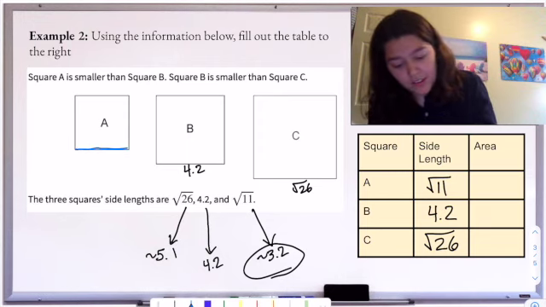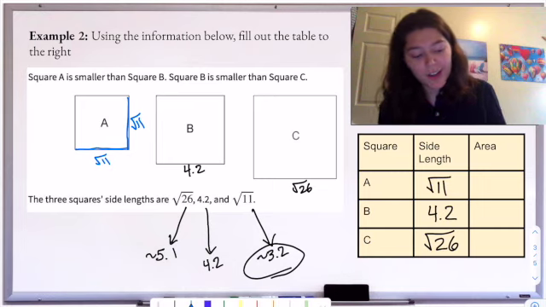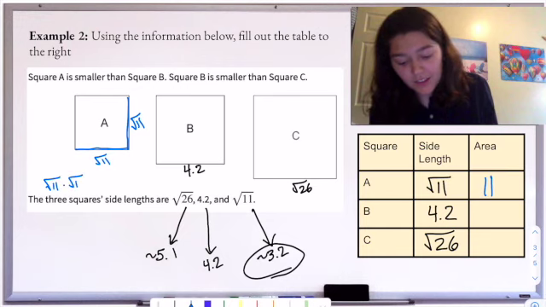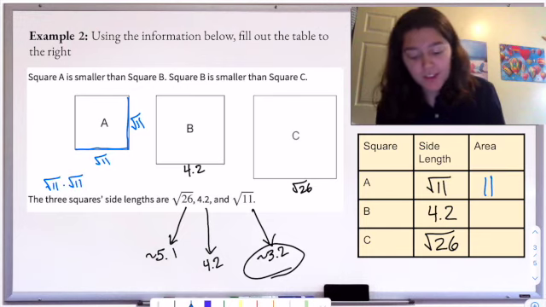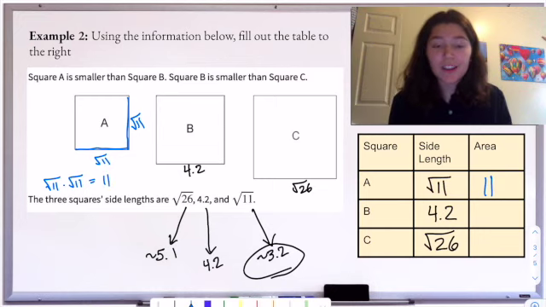If this is the square root of 11, since it's a square, this is also the square root of 11. So the area of square A is 11, because that's the definition of a square root. You multiply the square root of 11 times the square root of 11, you get 11. Okay.